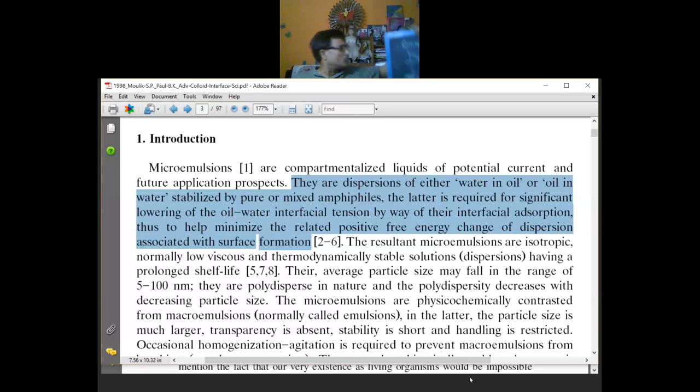Like the scheme I have told you, if you have a surfactant, they will occupy the oil-water interface, and eventually they will lower the interfacial tension, and they will promote the interfacial adsorption, so they will minimize the relative positive free energy change when the dispersion is formed.